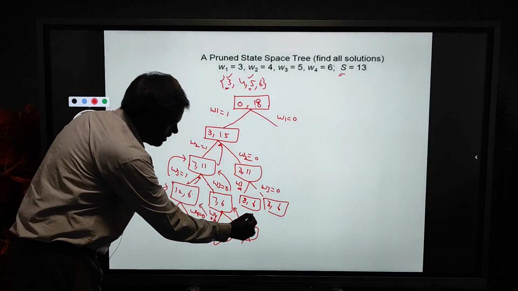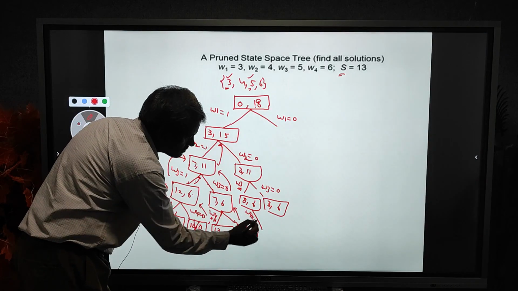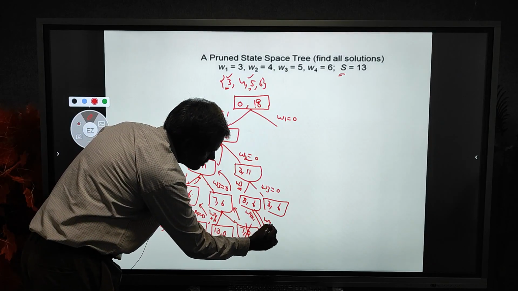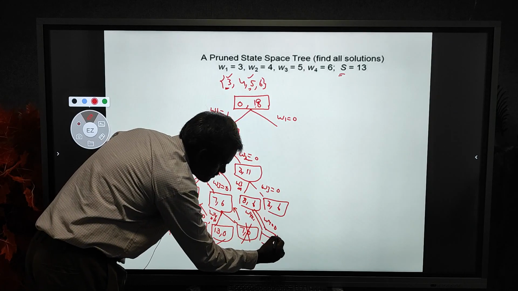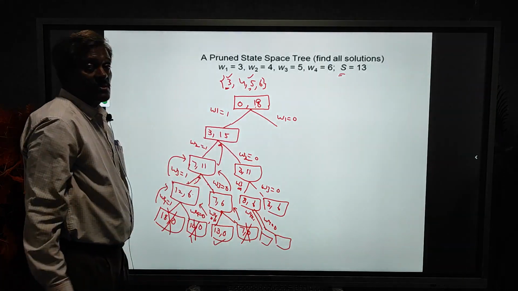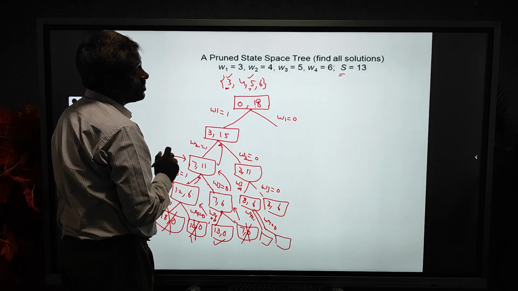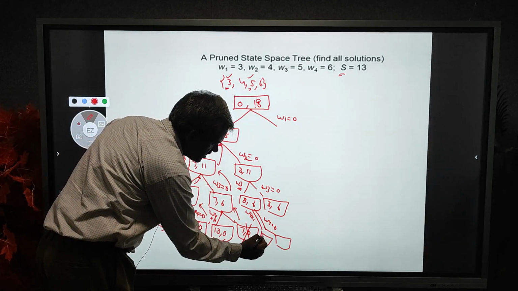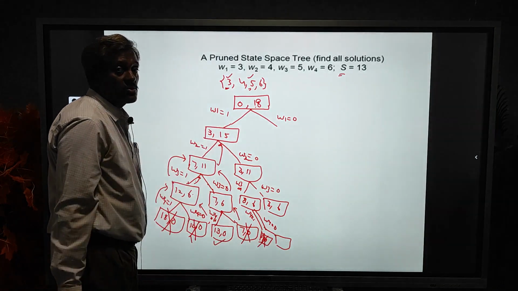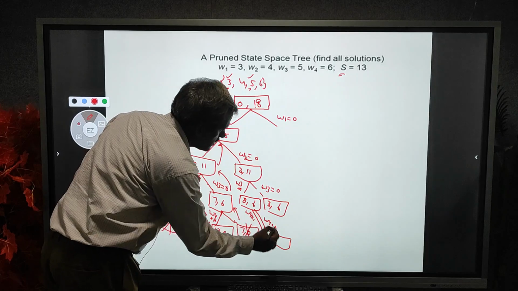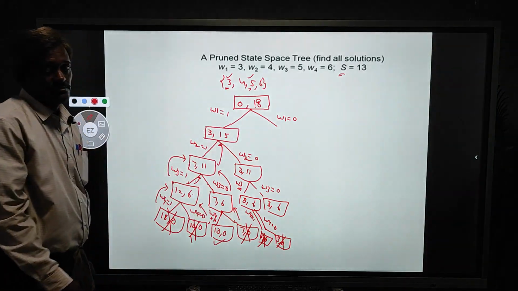Okay, again, now I am going to consider W4 is equal to 1, W4 is equal to 0. Here with W4 is equal to 1, 8 plus 6 is equal to how much? That is going to be 14, 0. So this is not the sum, so truncate it. This is going to be 3, 0. So this is not a feasible solution.